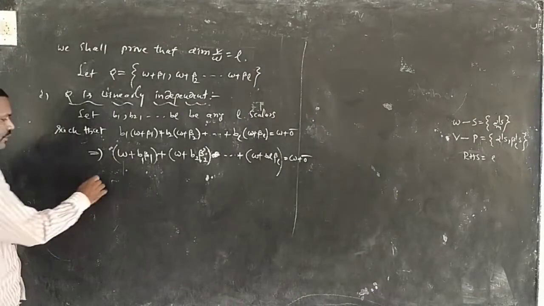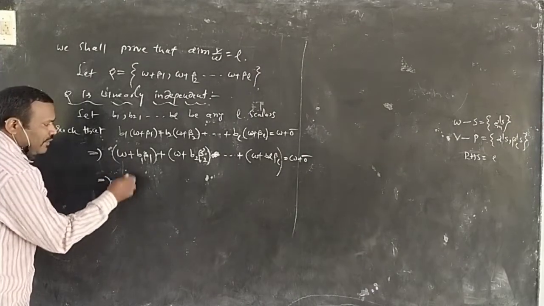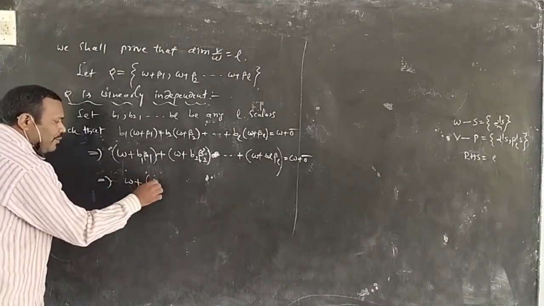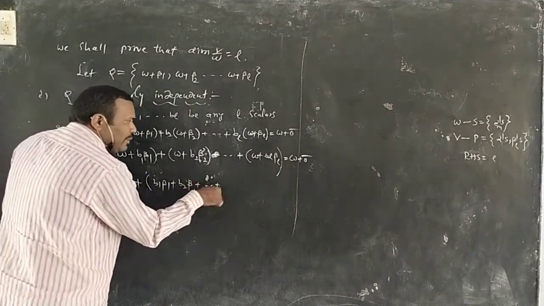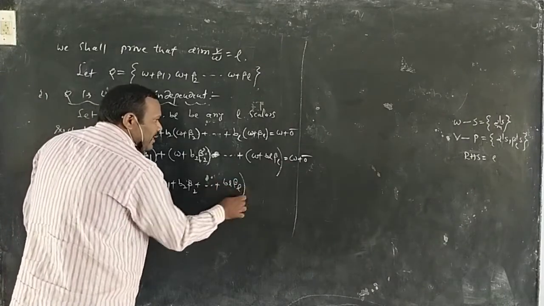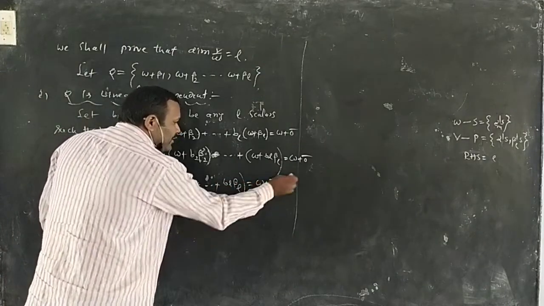Now use coset addition. By coset addition, W plus B1 beta 1 plus B2 beta 2 plus and so on plus BL beta L is equal to W plus 0 bar.